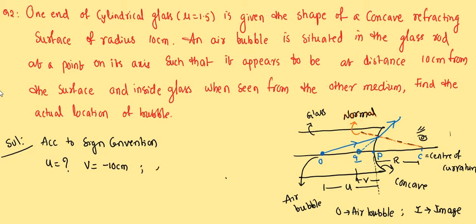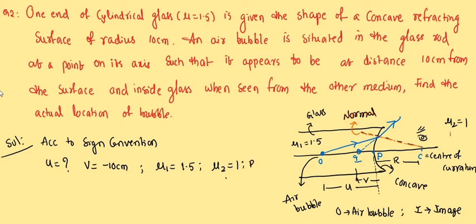The refractive index of the first medium, where the light ray started, is 1.5, and the refractive index of the second medium, the air medium, is 1. So n1 is 1.5 and n2 is the air medium, that is 1. The radius of curvature they also gave in the question.